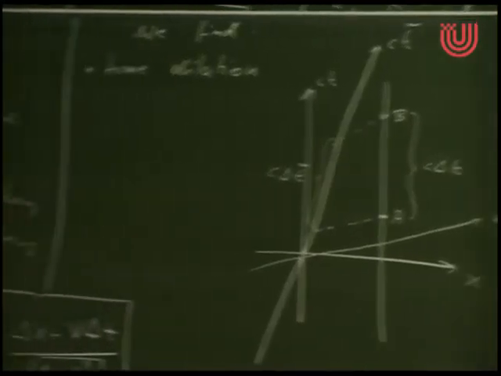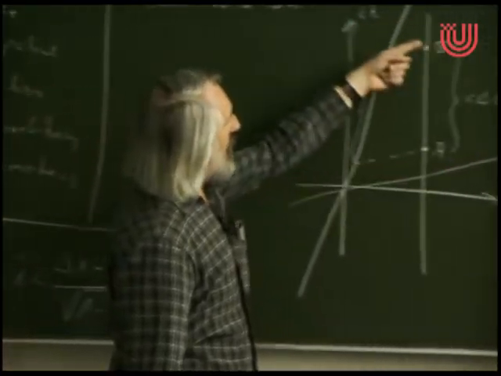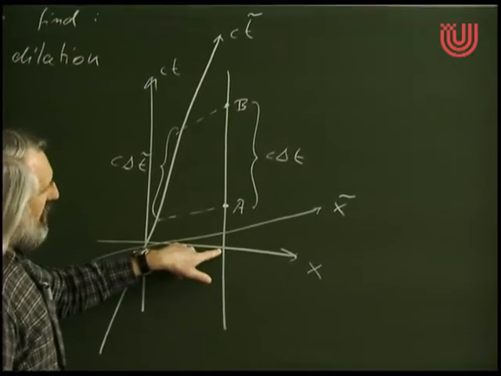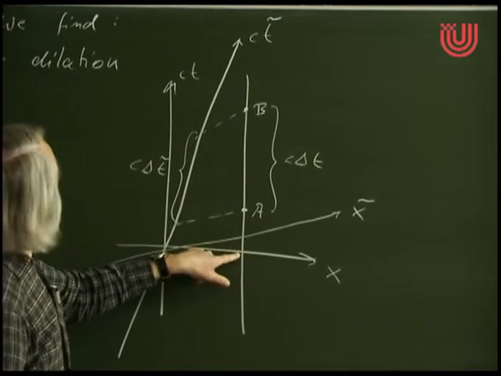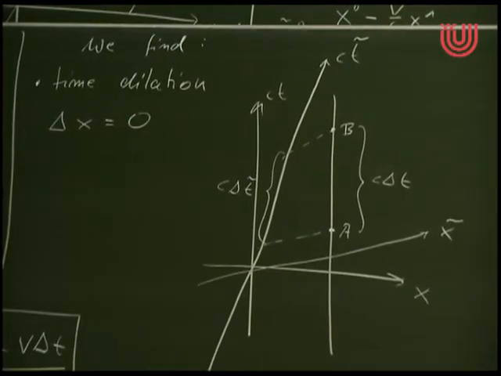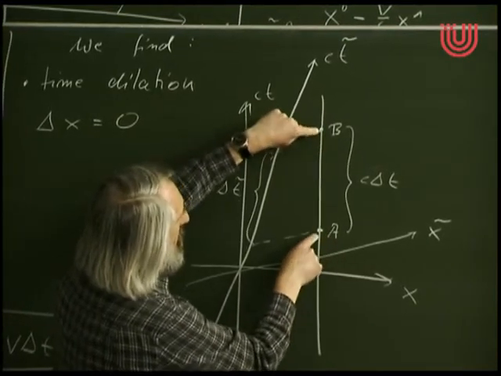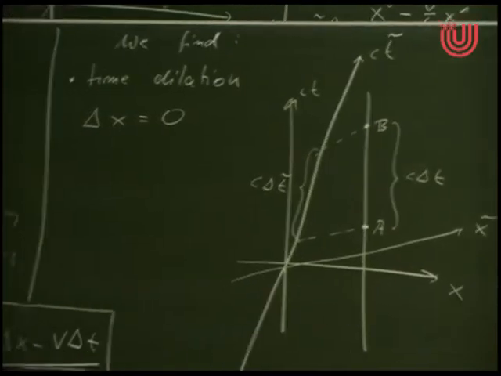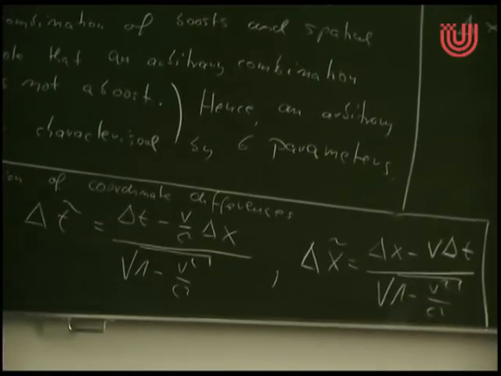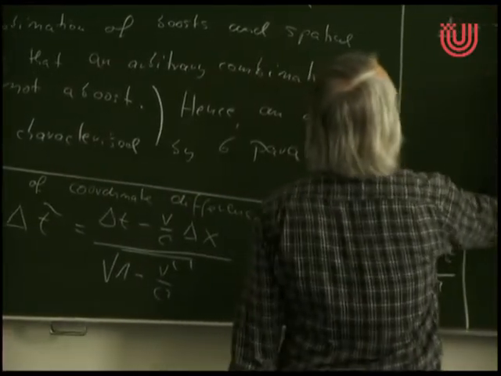And we can just read it from this formula because the two events take place at the same point in space with respect to the original coordinate system. We have delta x equals 0, right? So delta x would be the difference in the x coordinates for these two events, but this is 0 by assumption. So I just read from this formula how delta t tilde and delta t are related.